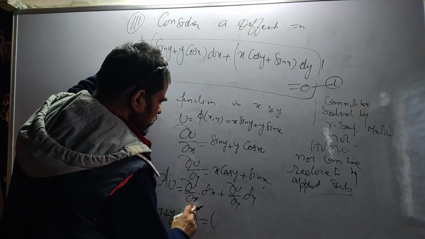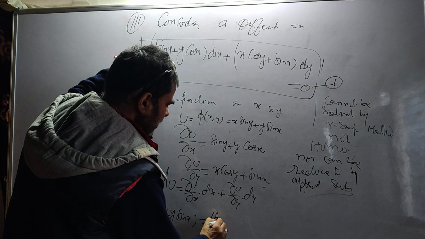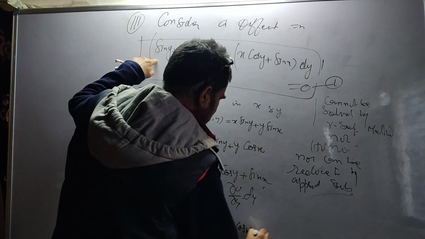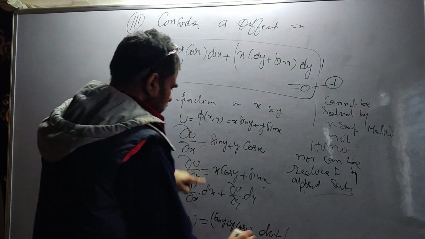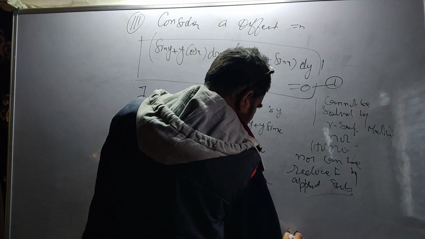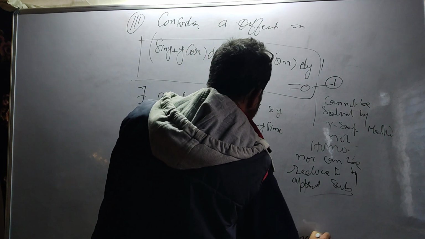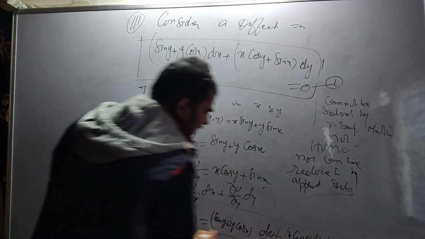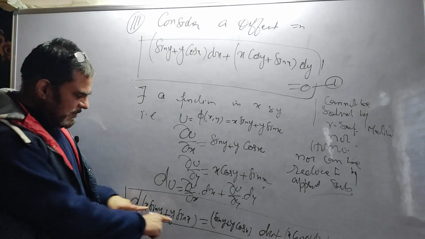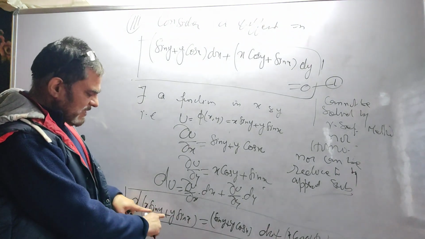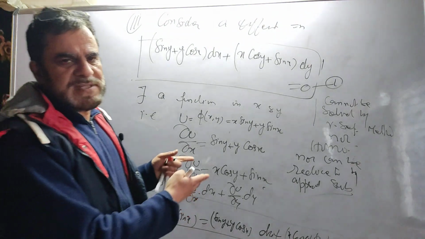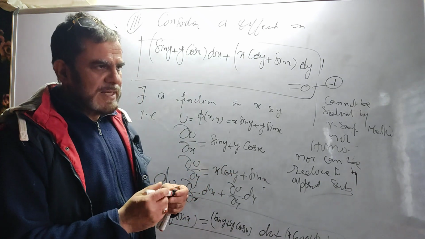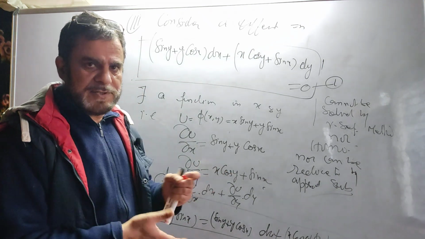The value of partial u by partial x, (sin y plus y cos x) dx, then plus (x cos y plus sin x) dy. So we could write our differential equation as the exact derivative of some function. What is that? x sin y plus y sin x. We say it is an exact differential equation. This is the introduction of exact differential equation.